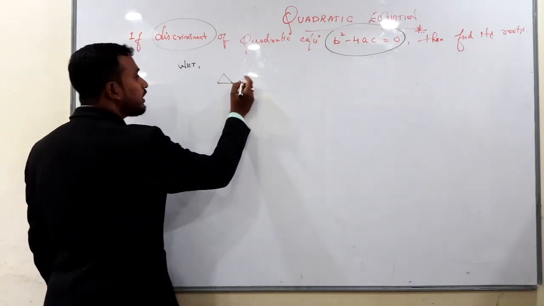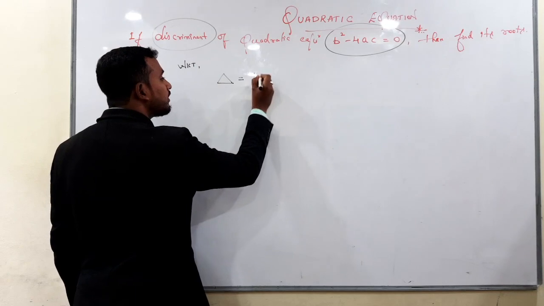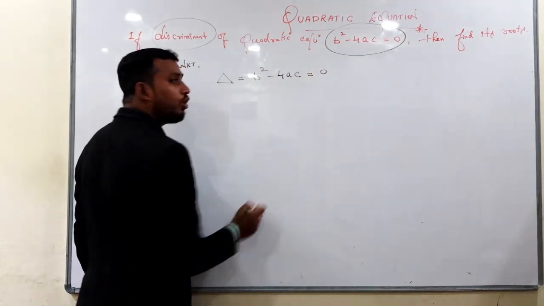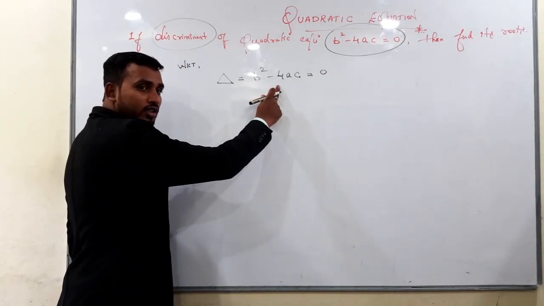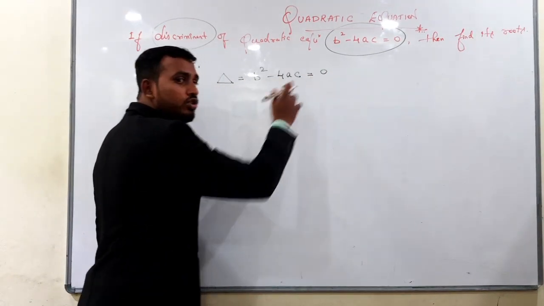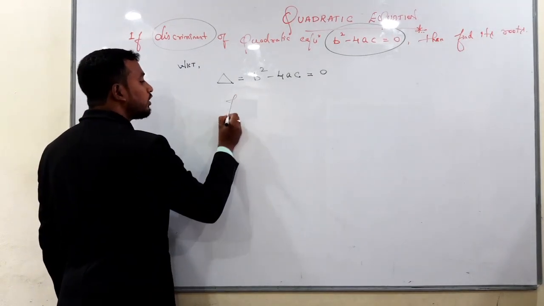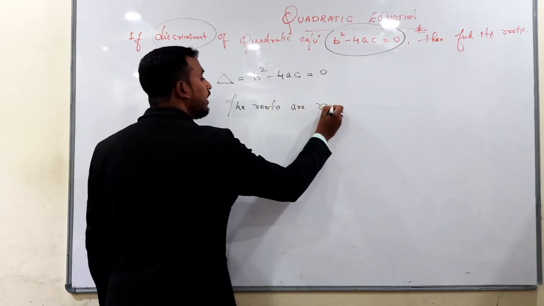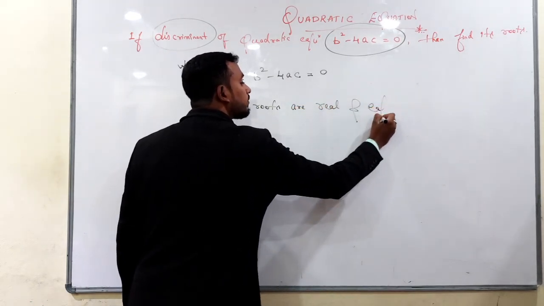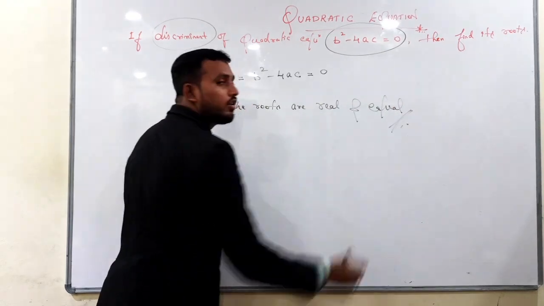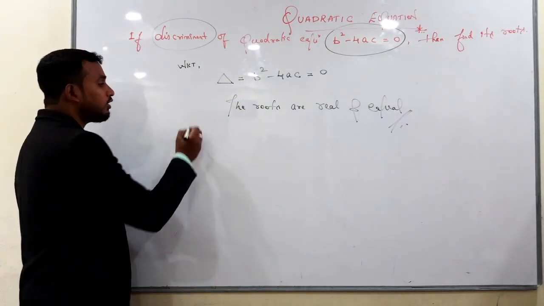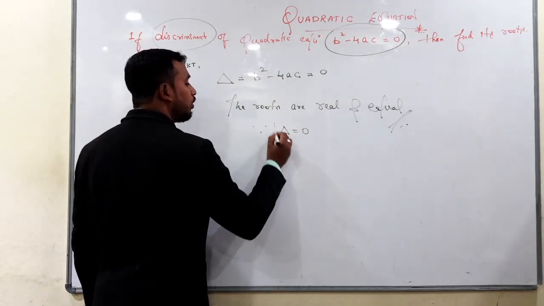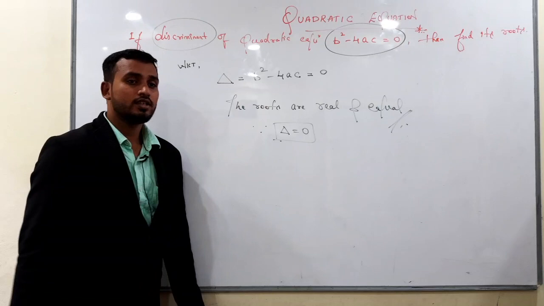If the value of the discriminant, that is nothing but b square minus 4ac, is equal to 0, we know that the roots are real and equal.